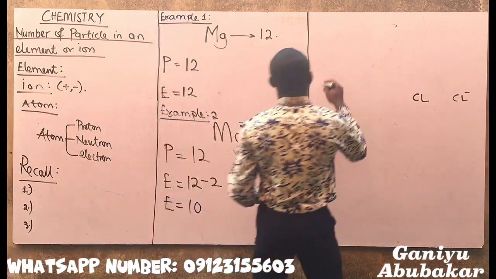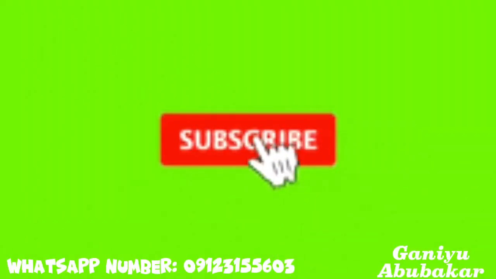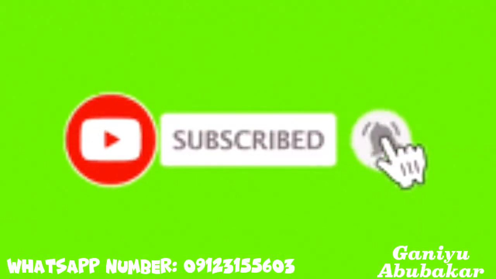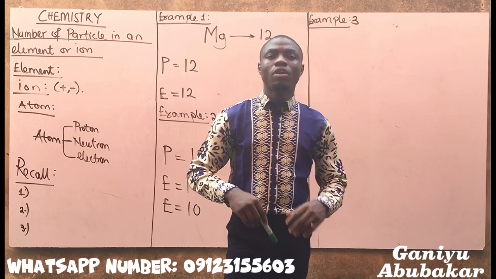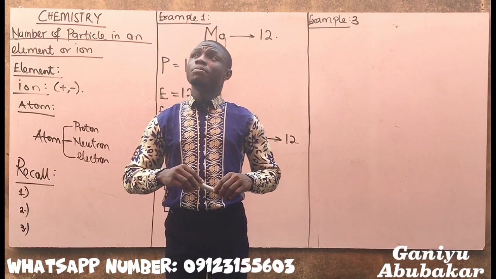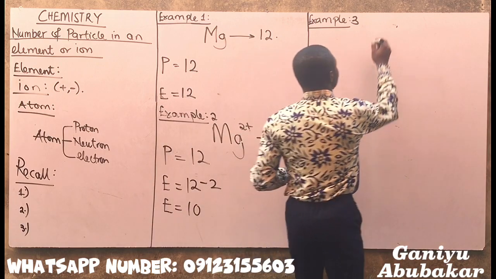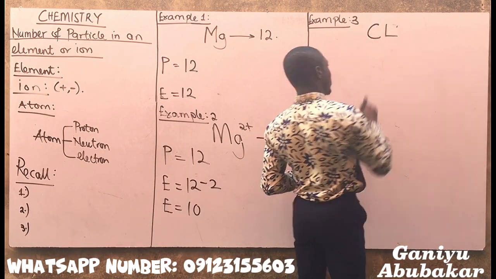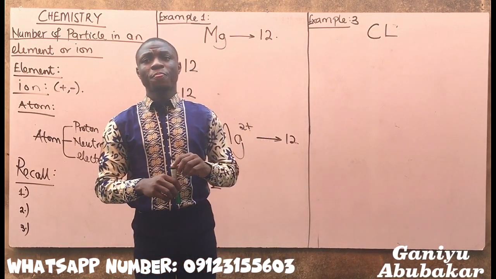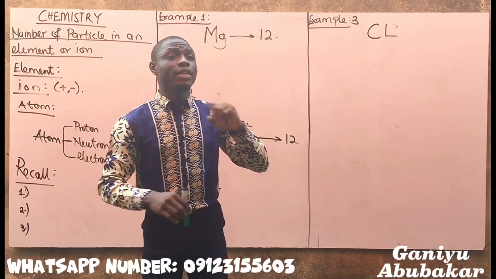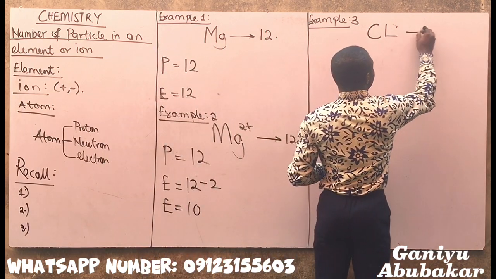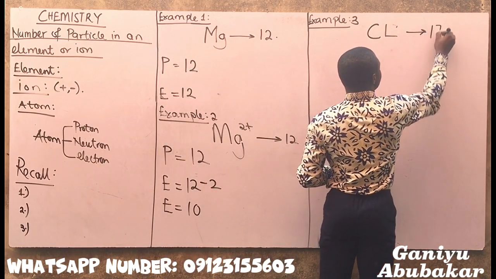Let's say I have chlorine, example 3. Let's say I have chlorine, this way. The atomic number of chlorine is 17. I have 17 as my chlorine.